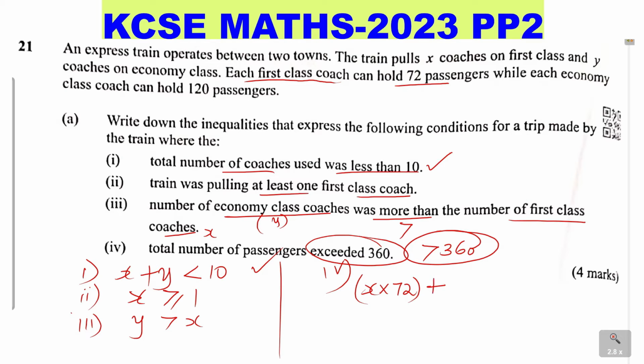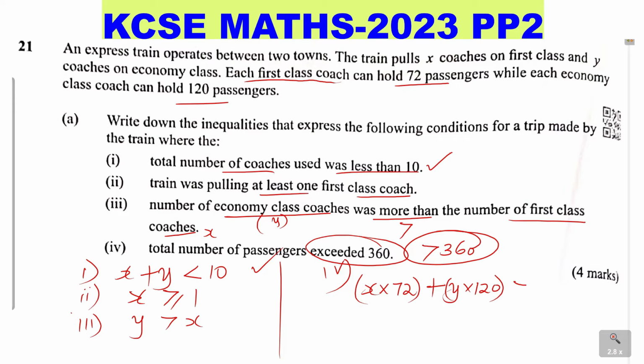What about economy class? We have Y coaches, and each coach can hold 120 passengers. So all the passengers in the economy class coaches will be represented by Y times 120, and we add the two sums. These are all the passengers, both in first class and economy class coaches. That should exceed, that is be greater than 360.